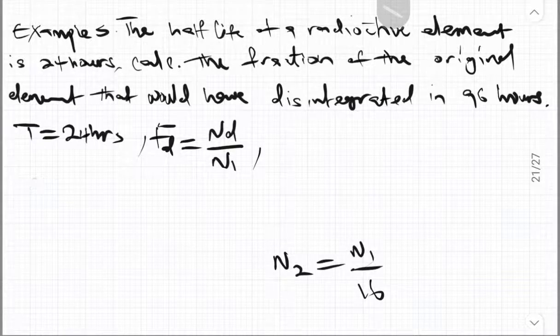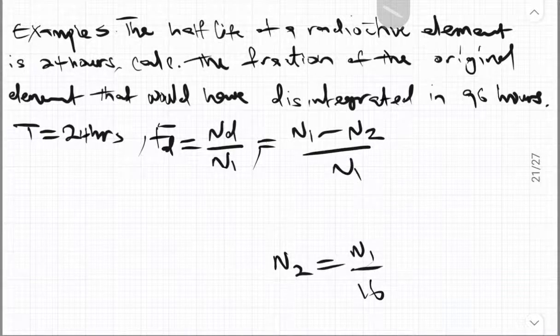So the fraction that decayed will be ND over N1. What is ND? N1 minus N2, right? And FD will be ND over N1. What is N1? Of course, we don't know, but we actually care about the fractions.